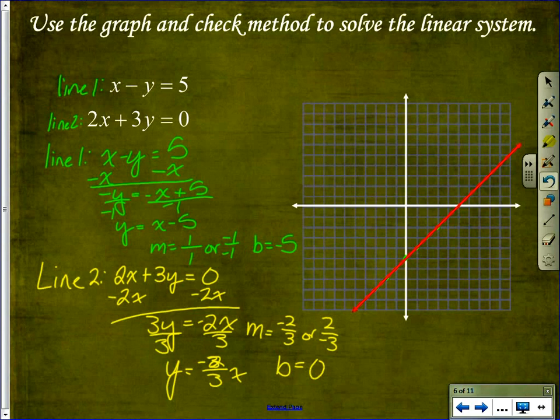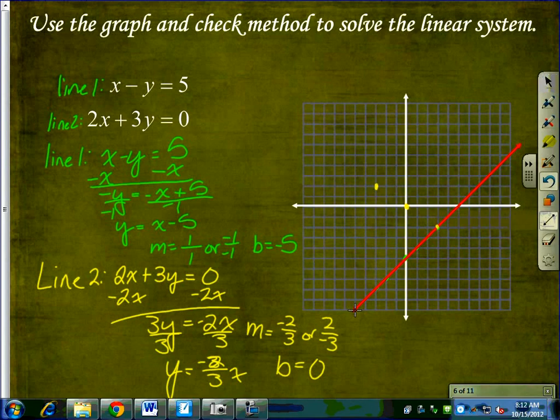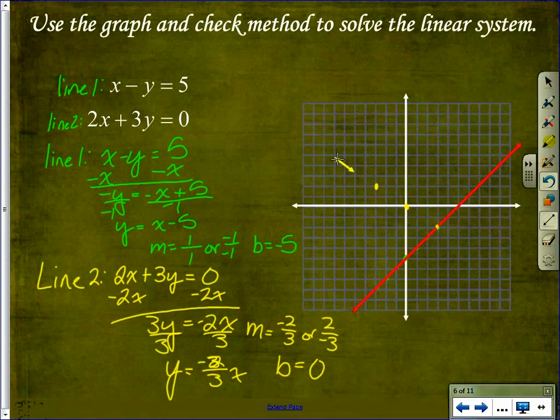Okay, so I'm going to start at 0, and I'm going to go down 2 over 3, or up 2, back 3, and then I'm going to draw a line. Yes, it's negative 2 over 3.